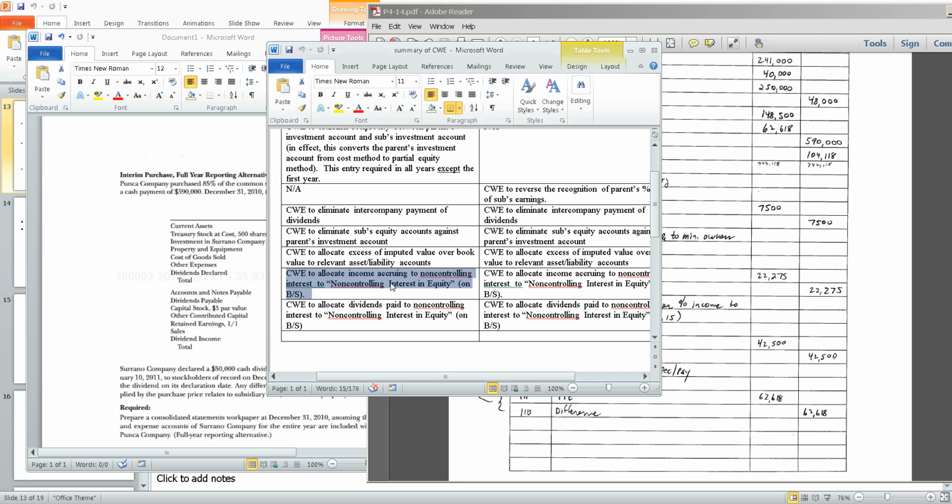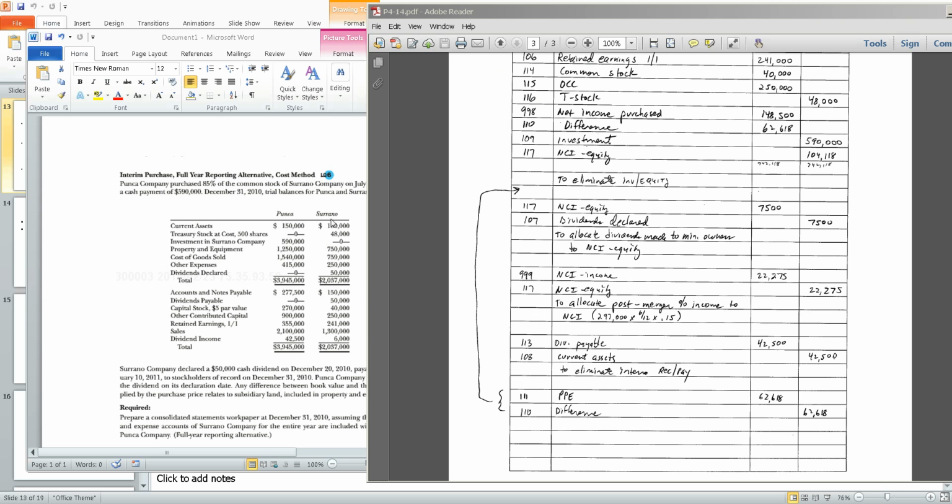The next step that we need to do, and the final step here, is that we need to allocate the dividends that were paid. Allocate the dividends that were paid to the non-controlling shareholders to the non-controlling interest in equity account. So if you look over here, you see that the sub paid dividends of $50,000.